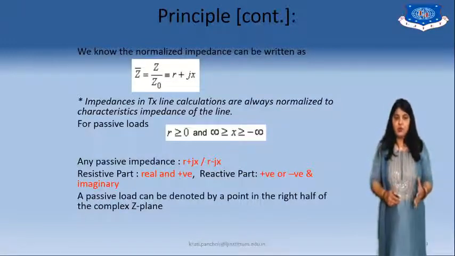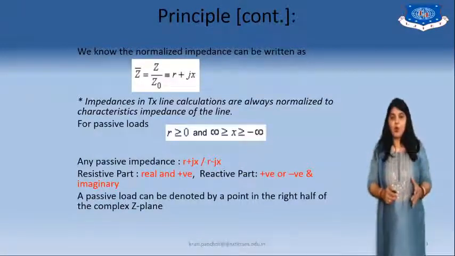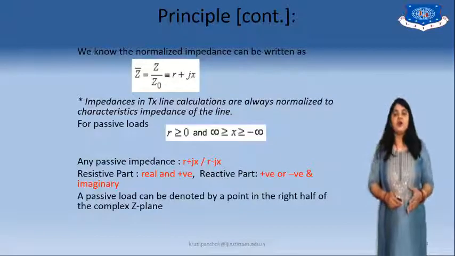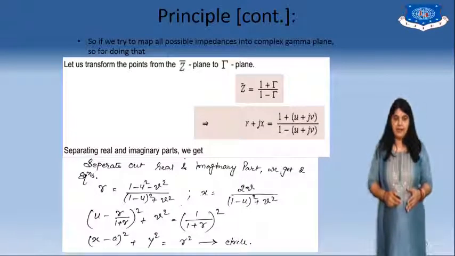So a passive load can be denoted by a point in the right half of the complex Z plane.